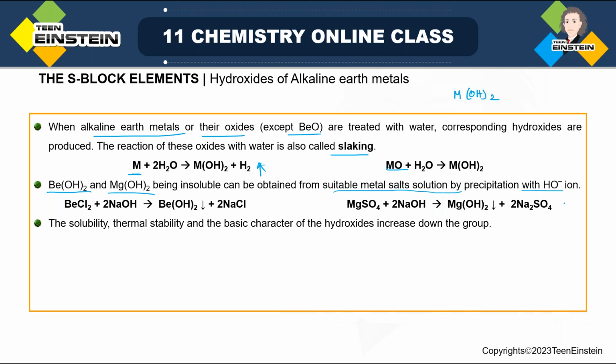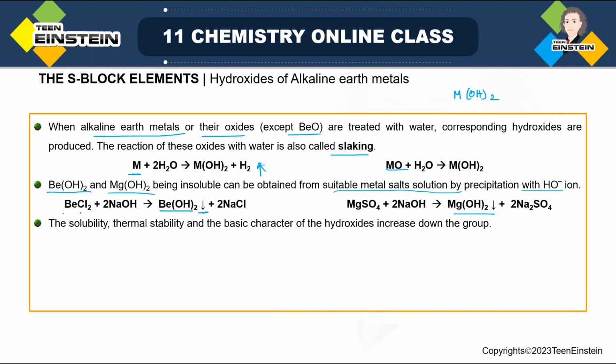So if you are producing Mg(OH)2 and Be(OH)2 in water, because of their insoluble character, you can get them in the precipitate form. We are just utilizing that fact.